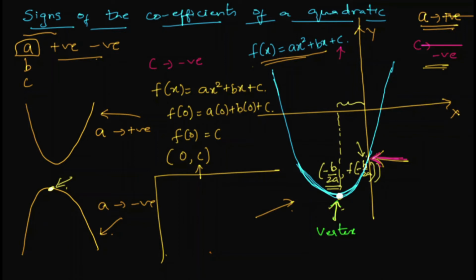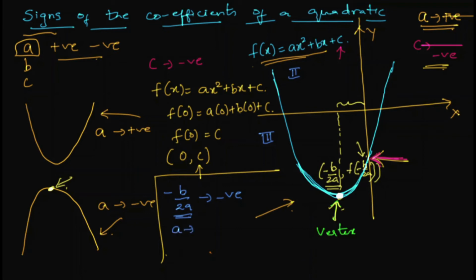So we can conclude that minus b over 2a in this case is negative, if the vertex is in the third quadrant or in the second quadrant. Whenever the vertex is in the second quadrant or third quadrant, or on the negative side of the x-axis, minus b by 2a, the x coordinate, is going to be negative. So minus b by 2a is negative.